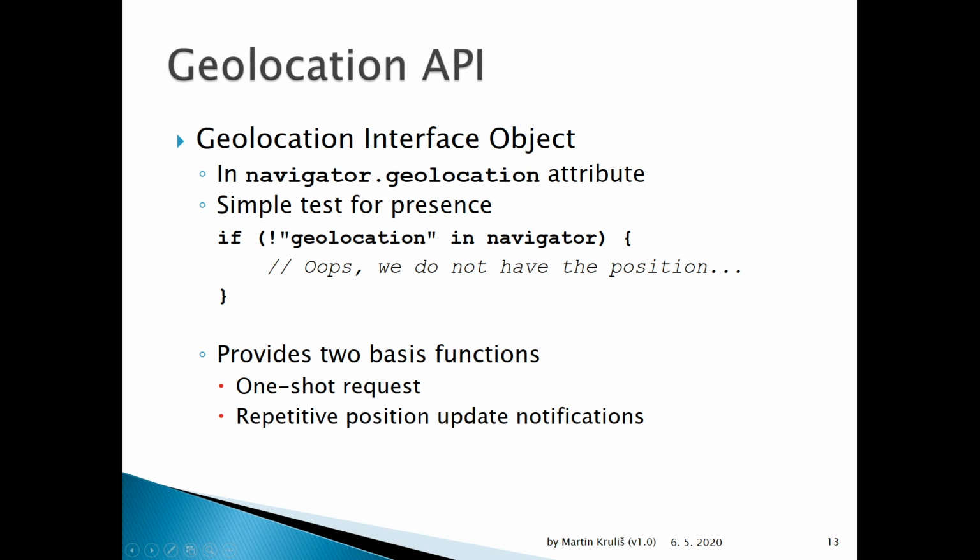The API itself actually provides two basic functions. The first one, perhaps the most important one, is the one-shot request, which will give you the immediate position of the user, and the second possibility is to get repetitive updates, which will give you frequent notifications that can be used to monitor the user's movement.